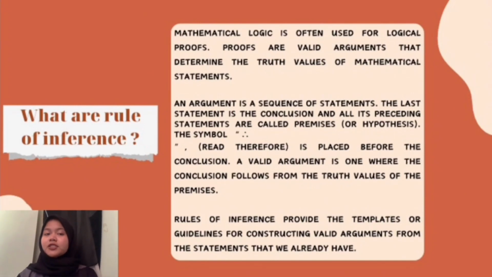The symbol of three dots, which we read as "therefore," is placed before the conclusion. A valid argument is one where the conclusion follows from the truth of the premises. Rules of inference provide the template or guideline for constructing valid arguments from the statements that we already have.